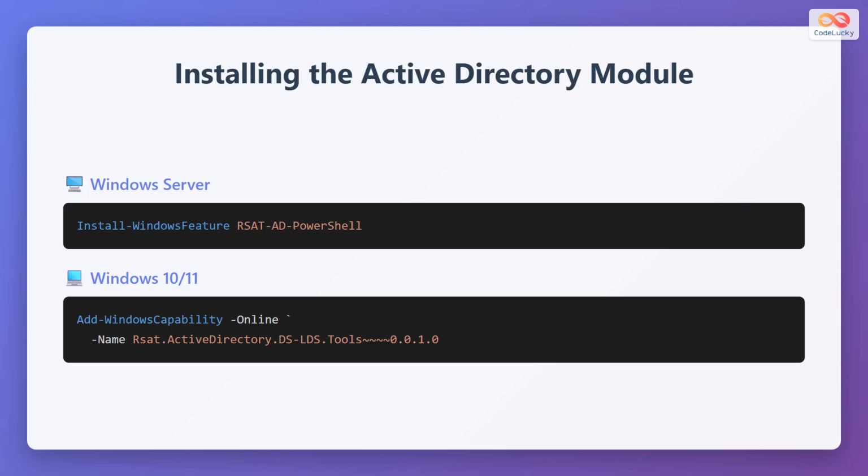On Windows 10 or Windows 11 client computers, you use the Add-WindowsCapability cmdlet with the online switch and specify the name parameter as Rsat.ActiveDirectory.DS-LDS.Tools~~~~0.0.1.0. Once installed, the module will be available for use on your system.